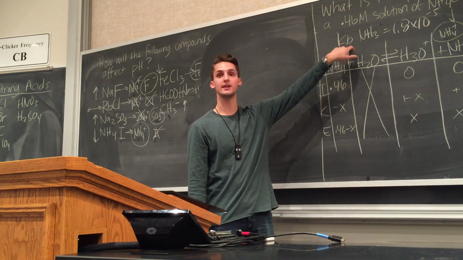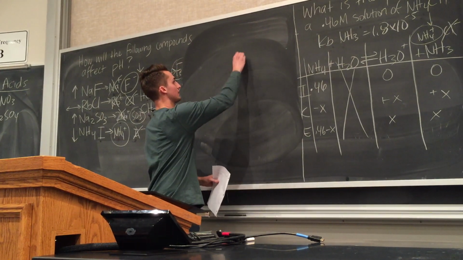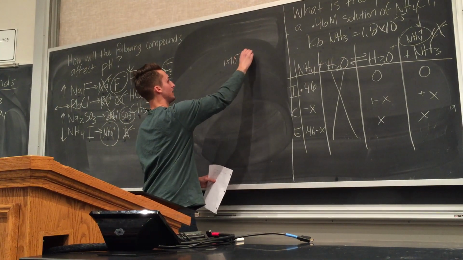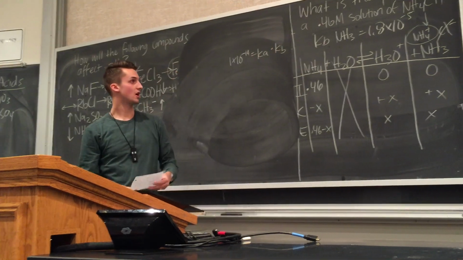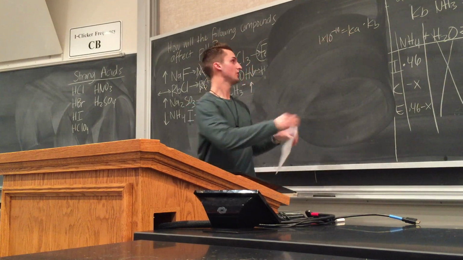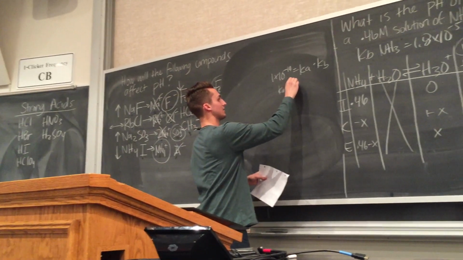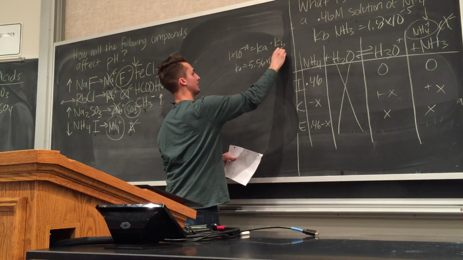So I have to convert this into a Ka. You do that with the expression 1 times 10 to the negative 14 equals Ka times Kb. So if you take 1 times 10 to the negative 14 and divide that over, you should get your Ka is going to equal 5.56 times 10 to the negative 10.